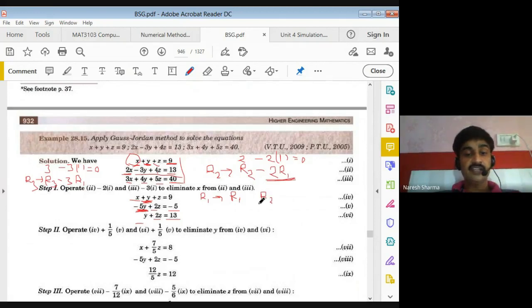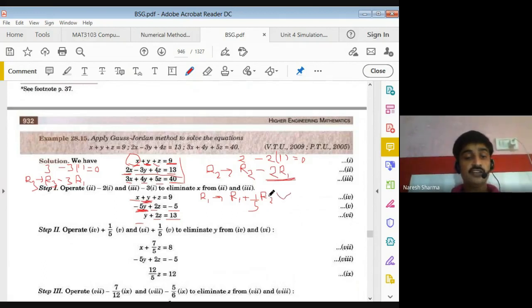So if you divide this by 5, then minus 5 by 5 is minus 1. This is now minus 1, and R1 here is 1. So minus 1 and 1 is 0. So we can apply this operation on this complete first row, right?